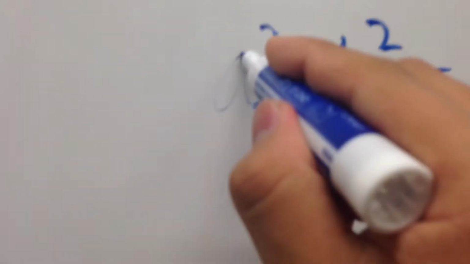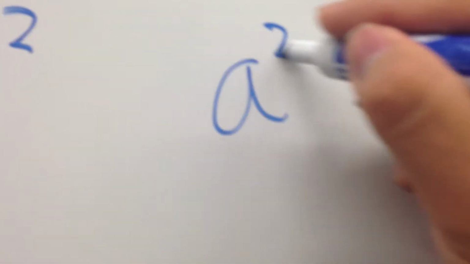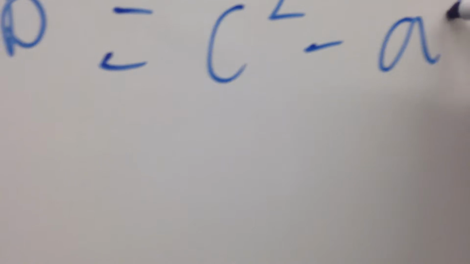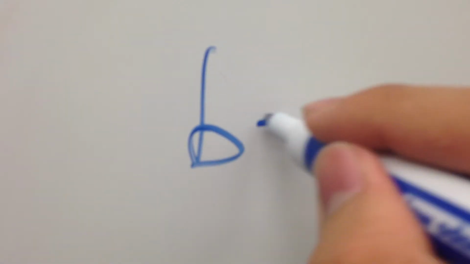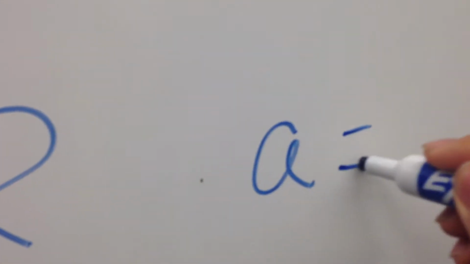So b squared equals c squared minus a squared, where b is R1, c is big R, the radius of this sphere, and a is just x.